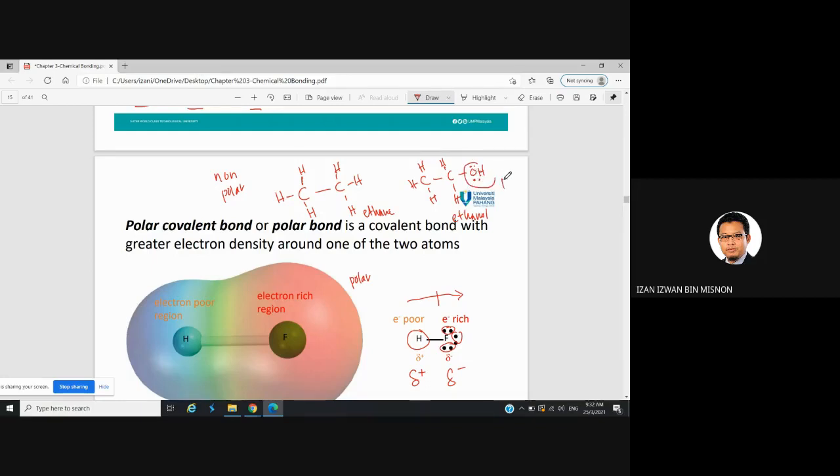So this will be a polar molecule since the electron density is already moving towards oxygen. It requires an element that has an electron rich region to become a polar molecule.